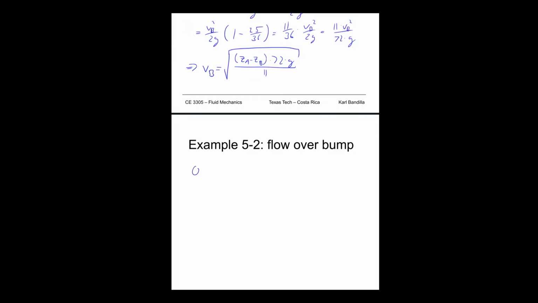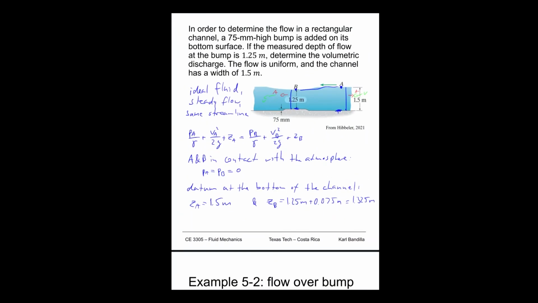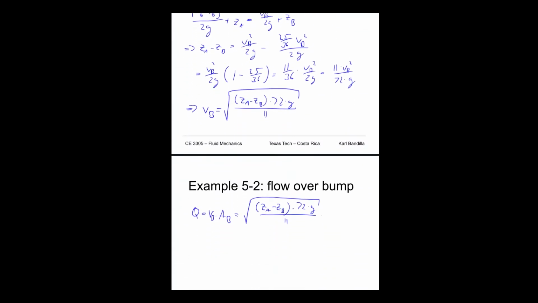So to do that, we just have to say Q is equal to VB times AB. VB we have up there. It'll be ZA minus ZB times 72 times G over 11. That's our velocity. And then times the area. Now we're at B. B is here, so it's 1.25 times 1.5 meters.